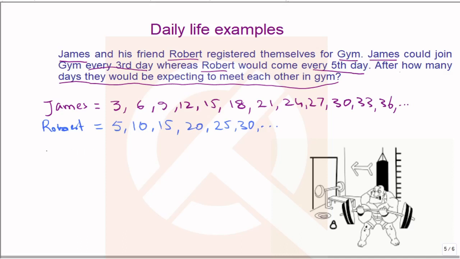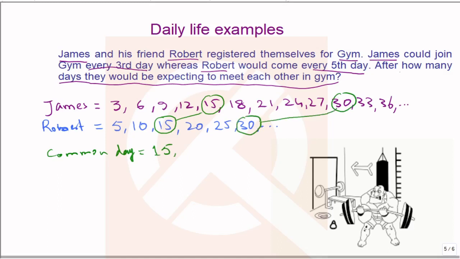So we can say that the common days when they will be meeting are, 15 is a common day. Yes, so we can write 15 is a common day, 30 is a common day.